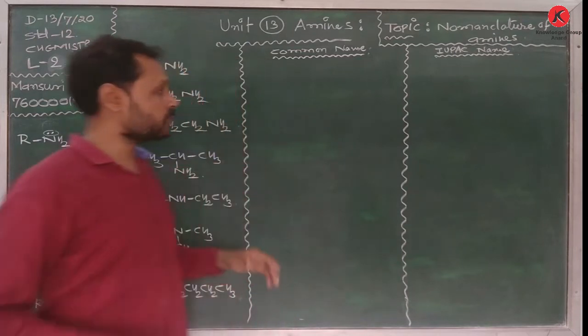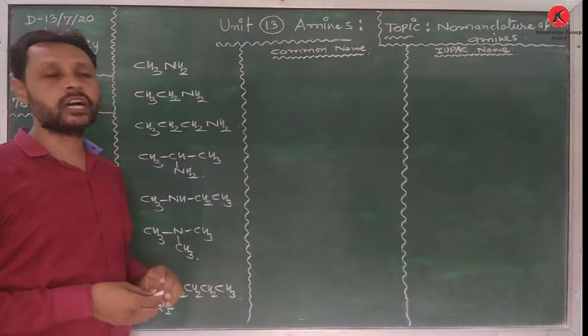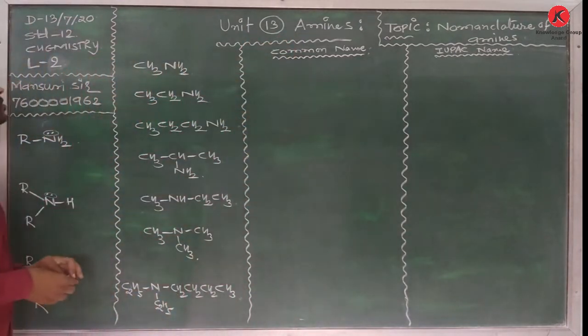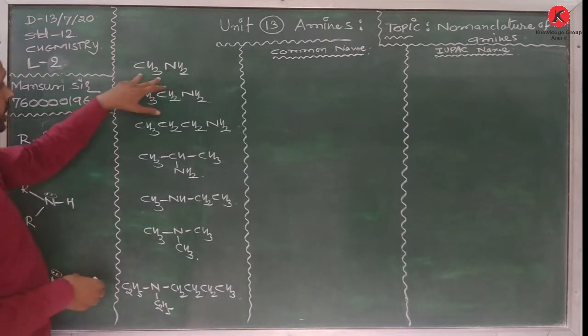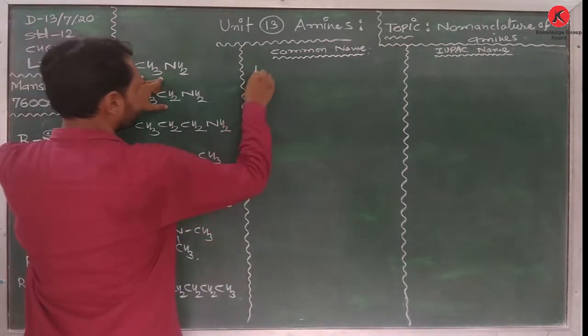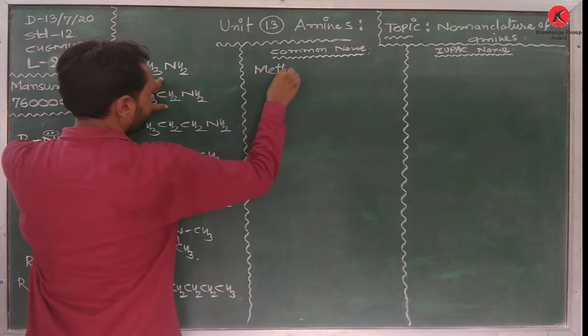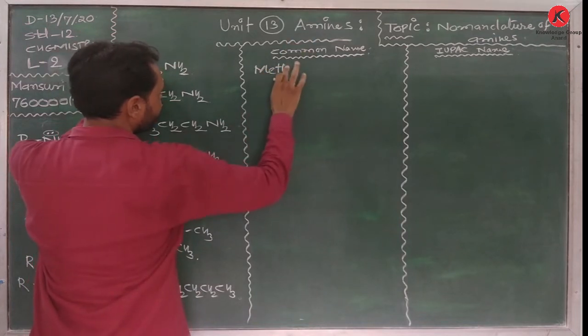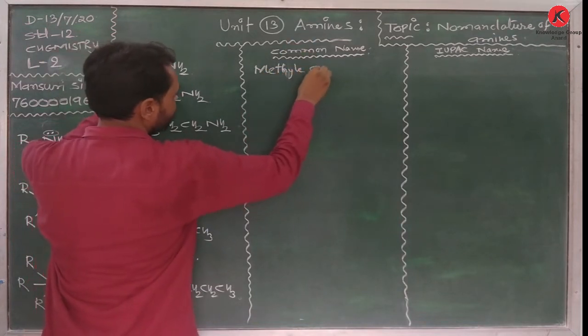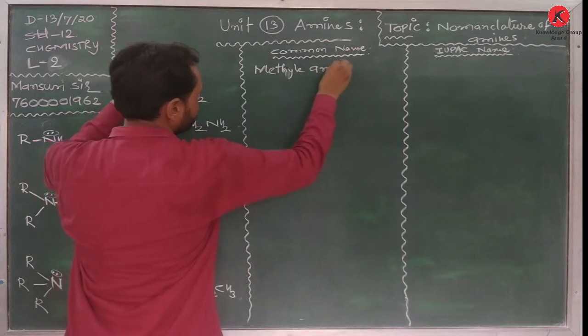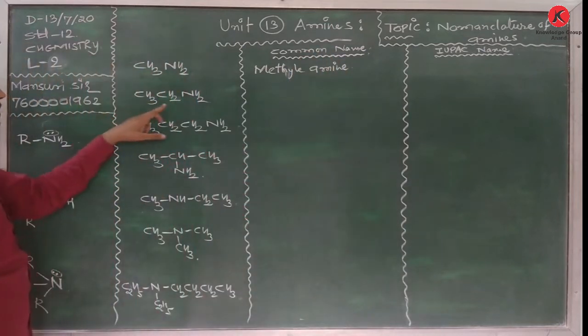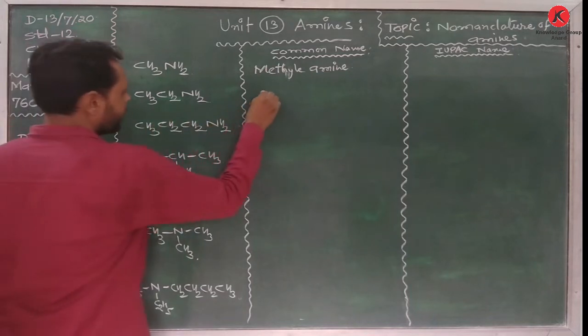So we will discuss nomenclature of amines. CH3NH2, here methyl amine is there. Thereafter ethyl amine.